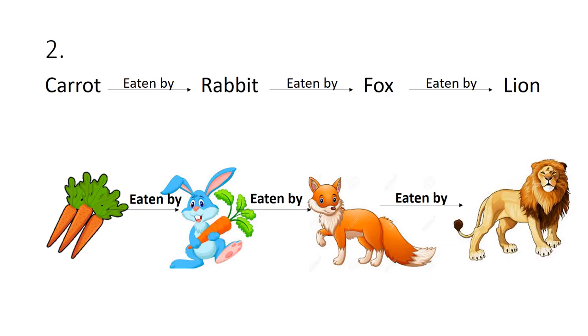In the second example, we can see carrot are eaten by rabbit, which is eaten by fox and ultimately eaten by a lion. Through these examples, we understood that the energy is getting transferred when an organism feeds another organism.